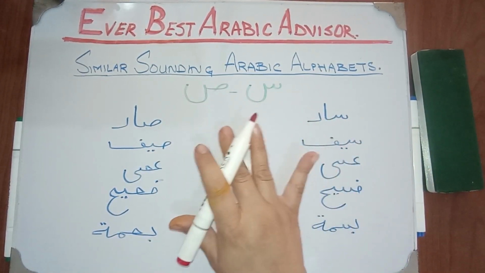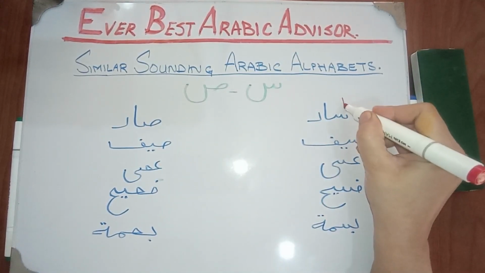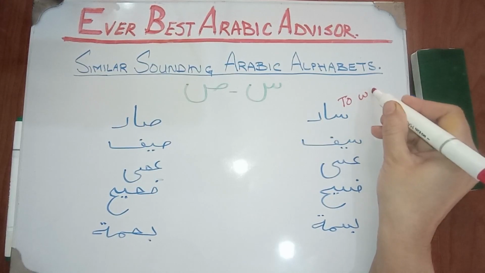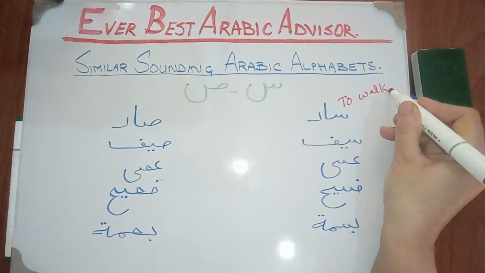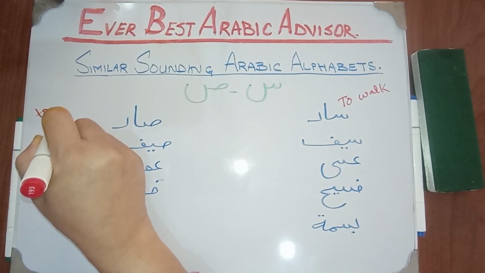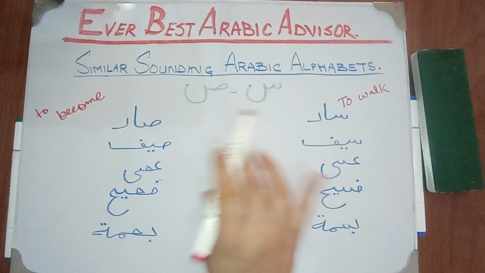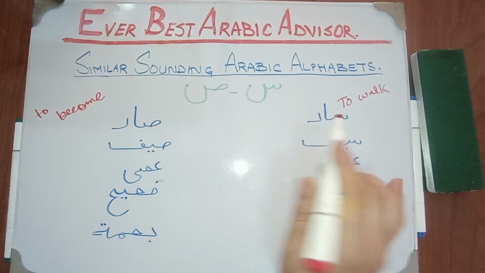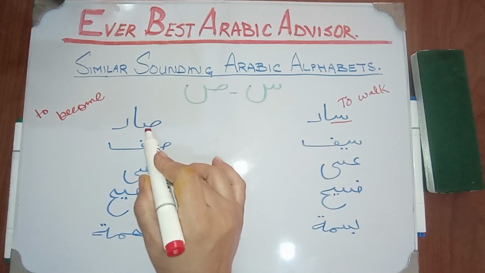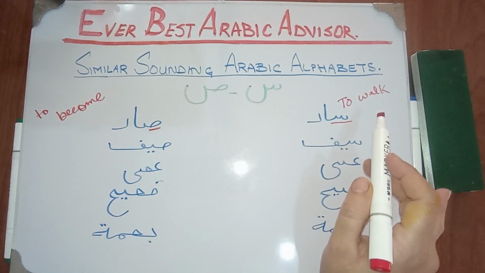Sar means to walk and Sor means to become. The basic thing is that the first letter is changed in both, so the meaning is also changed.